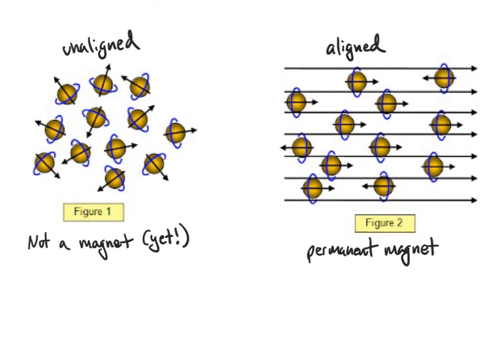Now, these are loops of current that don't have to be powered by a battery or anything. It's intrinsic to the atom. That's what makes a bar magnet a permanent magnet, because it will simply exist without any input of power. In a typical electromagnet, you have to continue putting in power in order to continue making the magnetic field. There are some exceptions by making use of things like superconductors, but that's a whole other story.